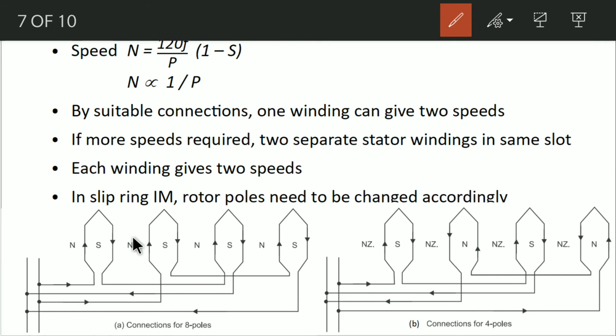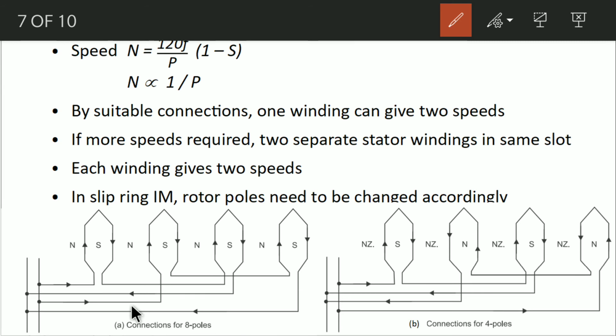Then in these two conductors or coil sides, here the current is downward, here the current is going upward, so the opposite pole, that is N, will be formed. In this way, in total 8 poles will be formed with this arrangement. Having these connections, we can have 8 poles of the motor with winding like this.